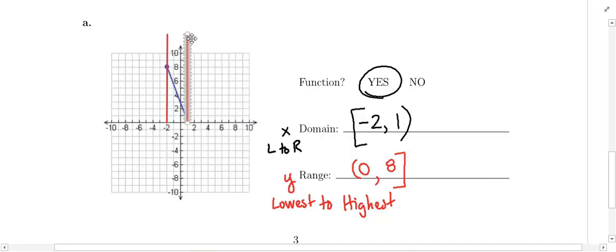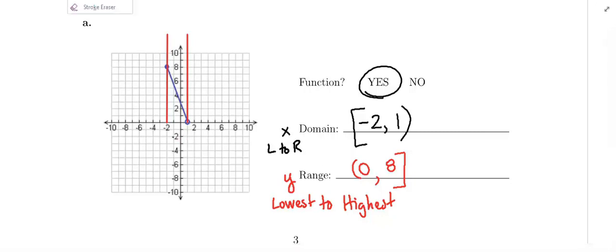I have one red line at x equals -2, and I have another red line at x equals 1. In between those two red lines, that's where the graph exists along the x-axis. So that's your domain.